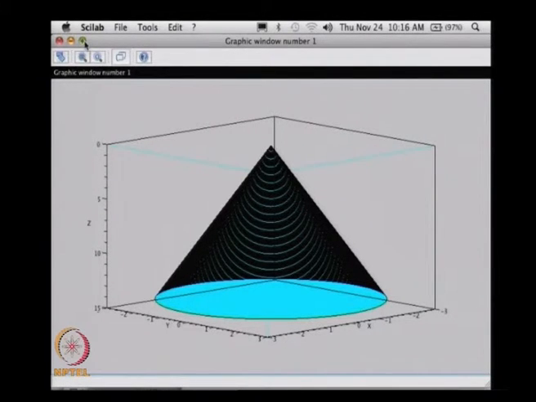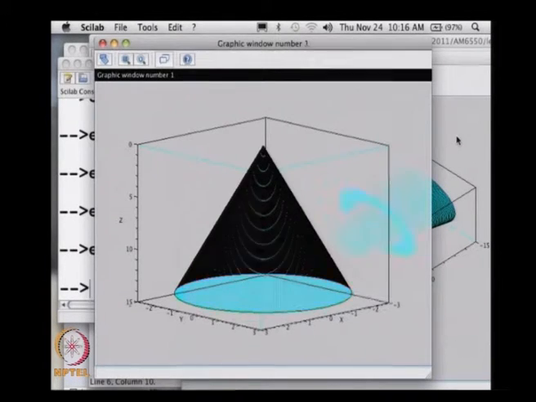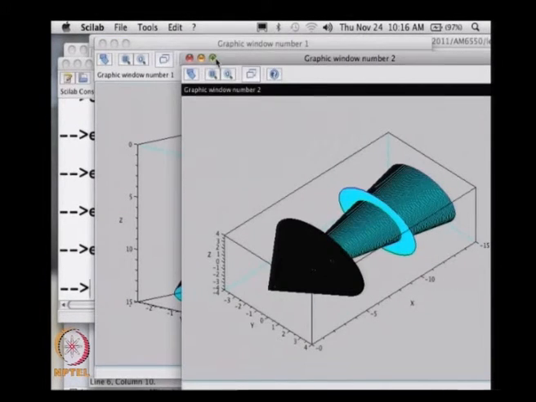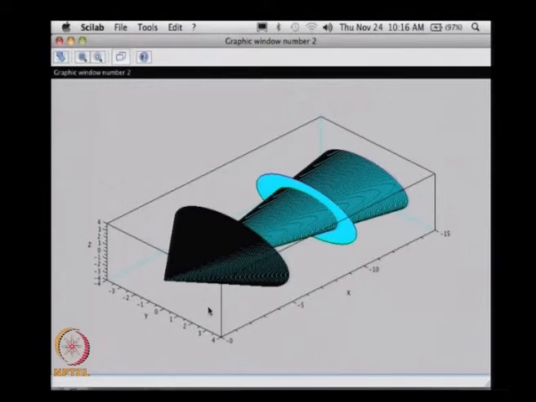So let us see how that would look like. What you see over here is this structure, the physical cone, and we have a free stream coming in from here, in line with the axis of the cone.